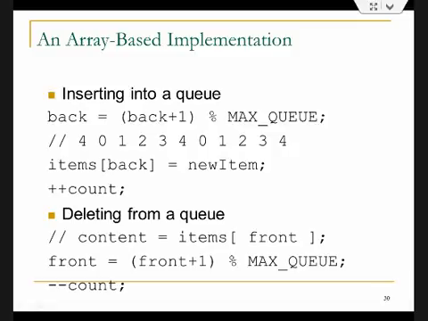And then you delete from a queue. You take the content equals item front, and then front equals front plus 1, and then mod max queue again, and you subtract 1 from the count. So the count helps you know whether you are empty or full, because the same situation happens with the front and back.